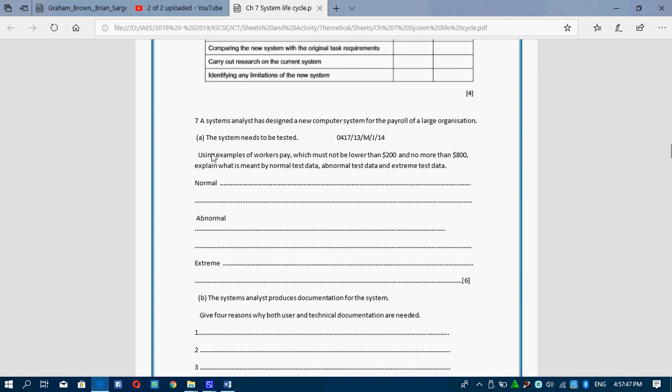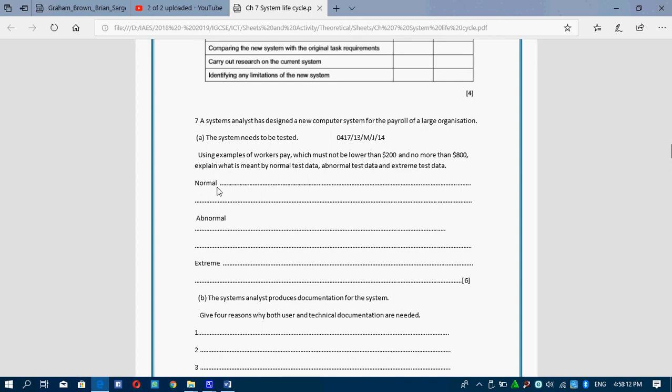Let's answer this question. For example, a system analyst has designed a new computer system for the payroll of large organizations. The system needs to be tested using examples of workers' pay, which must not be lower than $200 and no more than $800. Explain what is meant by normal, abnormal and extreme tests.